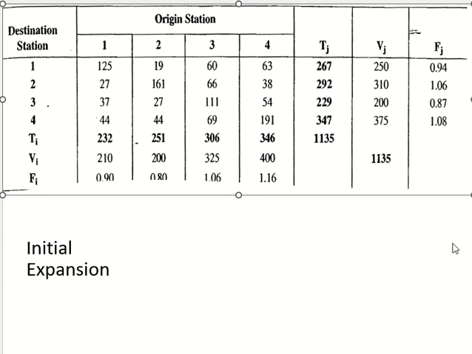These are the new ratios according to the new sums. How did I get 0.9? Volume upon the sum, 210 upon 232. Similarly, how did I get 0.94? 250 upon 260. What is the acceptable range of these factors? 0.9 to 1.1. Are they in that range? Not all of them are in the range.